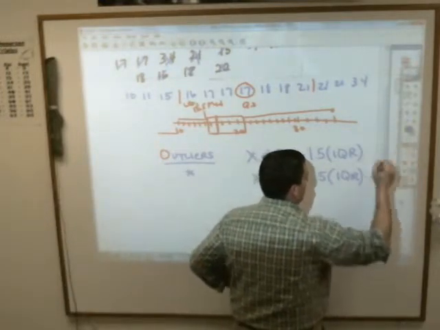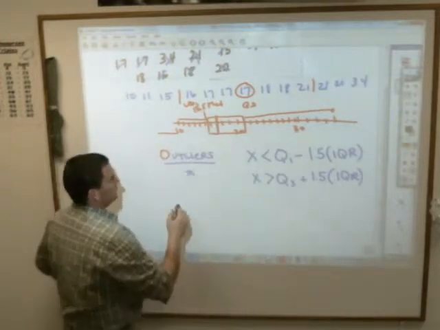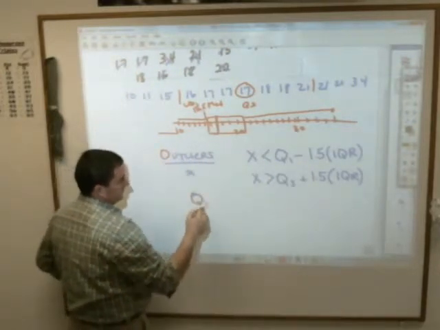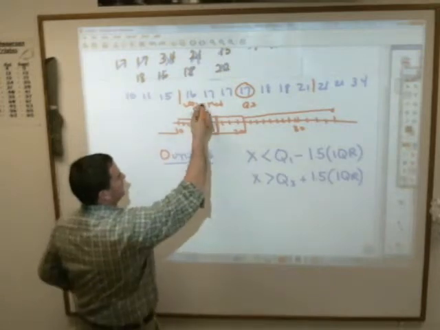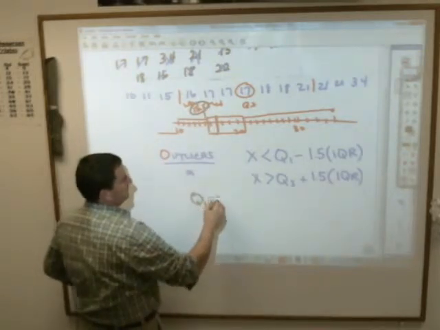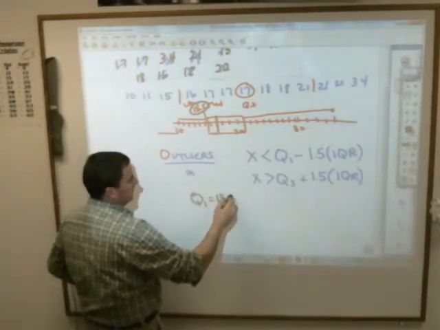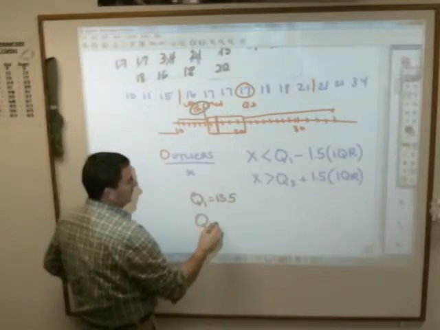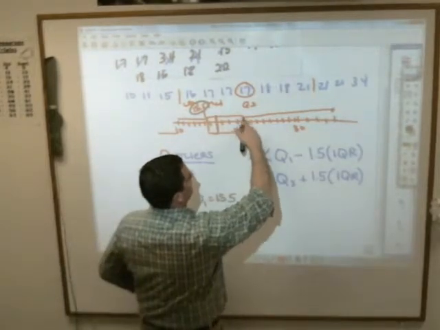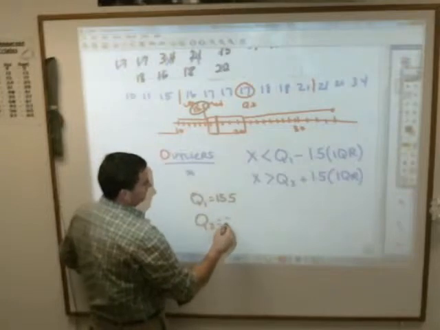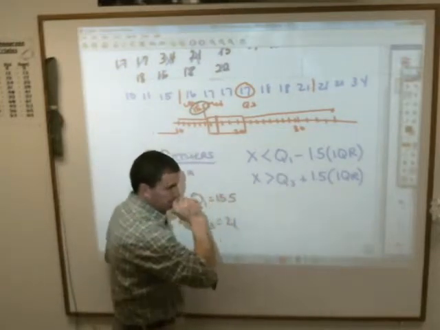Okay, first things first. You know what Q1 is. Q1 is the first quartile, which was the 15.5. Q3, you know, is the one right here, which was 21. Those are the numbers there.